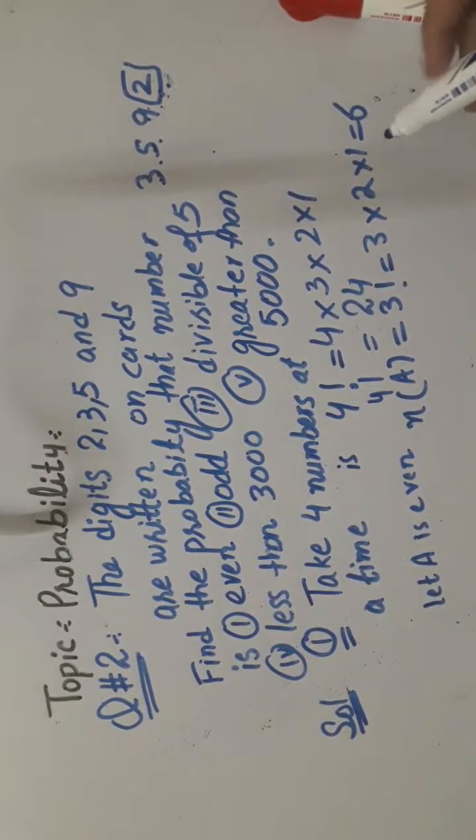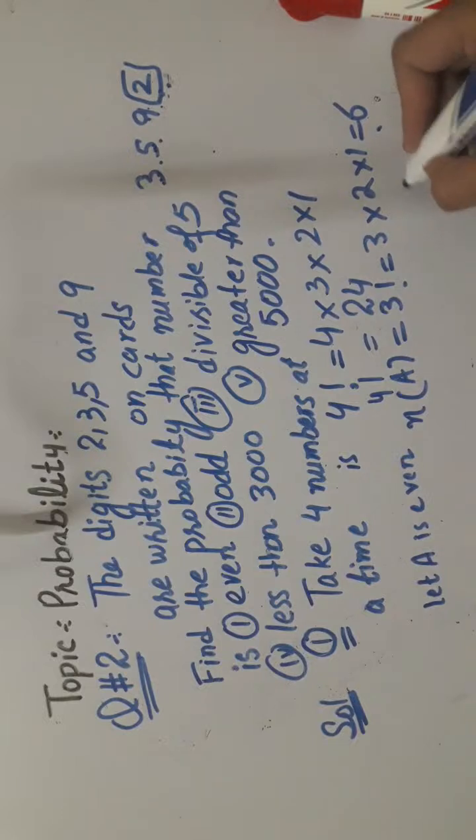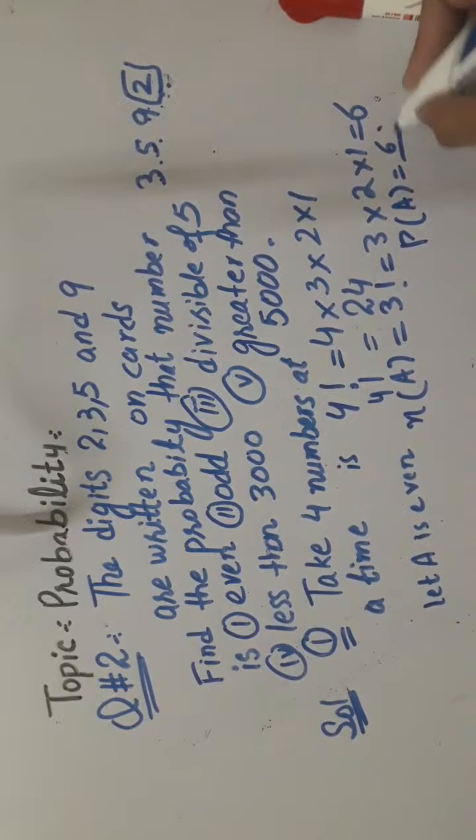So the total number of elements in event A is 6. So the probability of this will be 6 by the total number of outcomes, which is 24. So 6 by 24 is the answer.